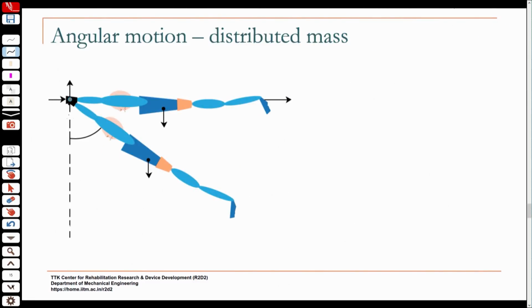Now, let us look at the case of angular motion. So, you have a gymnast. Here you want to find out how the gymnast is going to move under the influence of gravity.